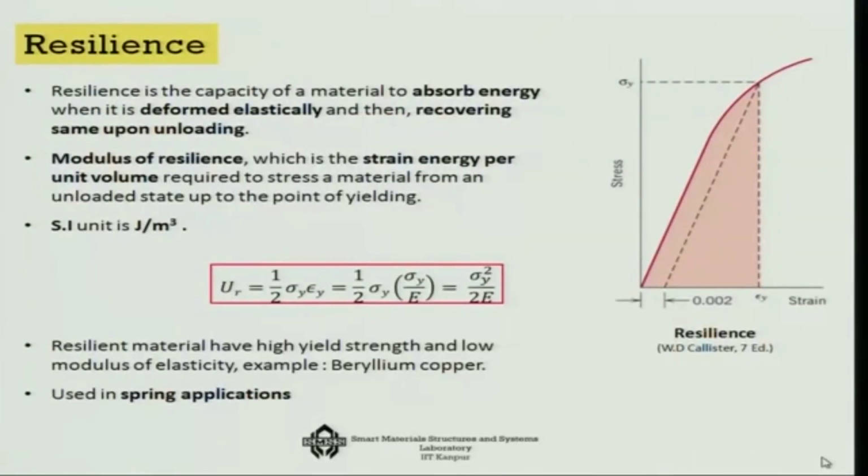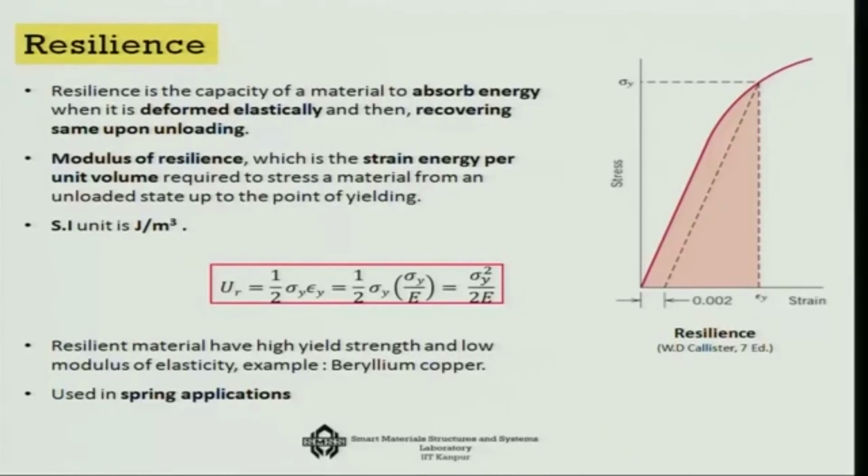Now, the other important point here is the resilience of a material, which is the capacity of a material to absorb energy elastically. So, it is in the elastic domain. When it is deformed elastically, how much energy can you absorb? If you consider the area under the stress strain diagram, you can find that this is approximately sigma y square over 2E.